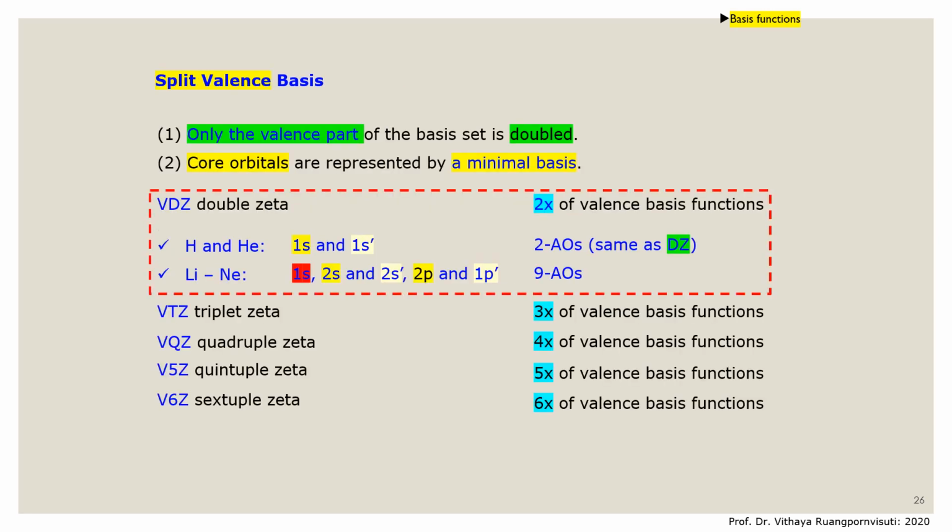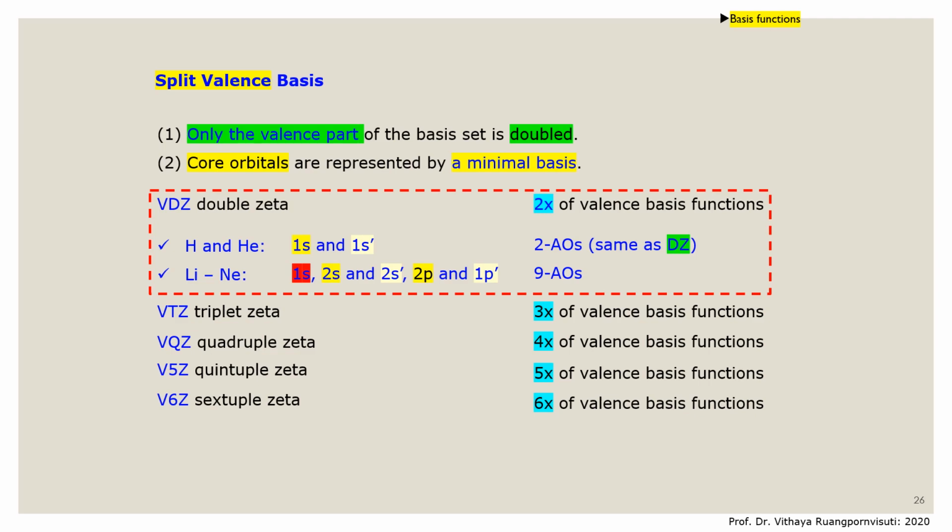The split valence basis set. First, only the valence part of the basis set is doubled. Second, core orbitals are represented by a minimal basis set. VDZ is the valence double zeta, which means two valence basis functions.